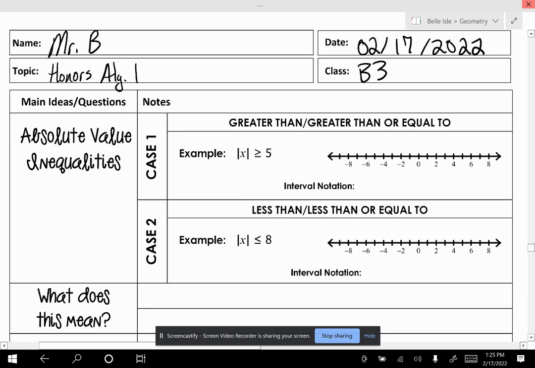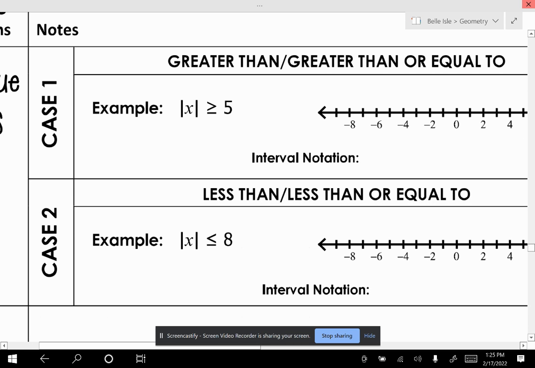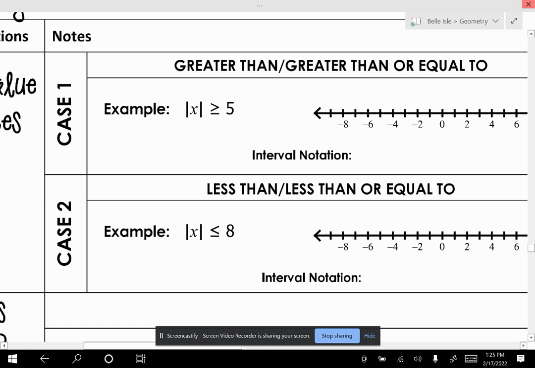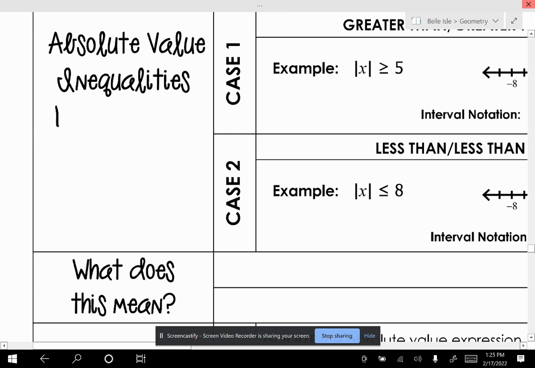So if I have the absolute value of x is greater than or equal to 5, when we had our inequality problems like this last week, you would say this or this. Do we remember that now?